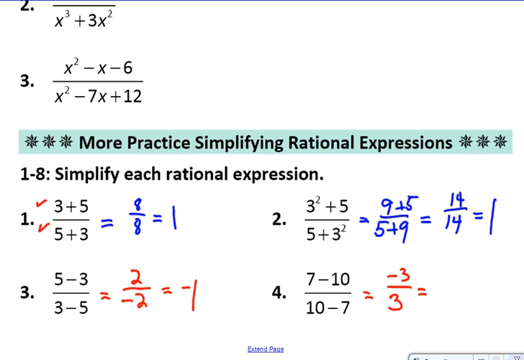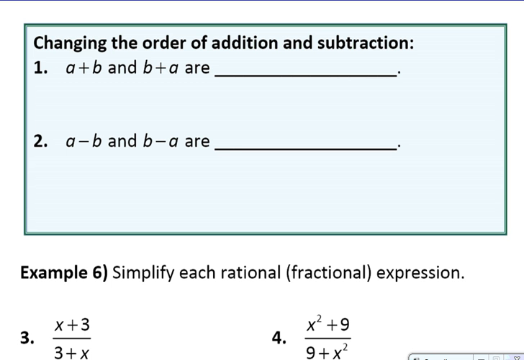Negative 3 divided by positive 3 is negative 1. So with subtraction, it's a kind of perverted, clever one, maybe, because when I do a subtraction in a different order, I'm getting negative 1. So they are negatives of each other. Same numbers, but negatives of each other.